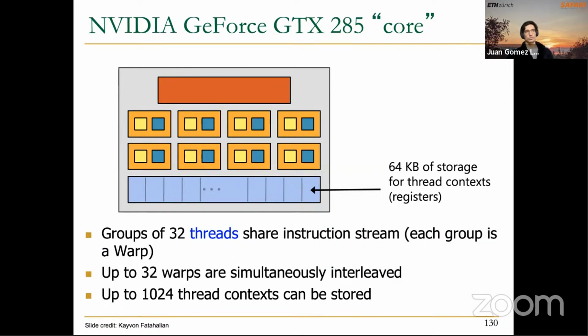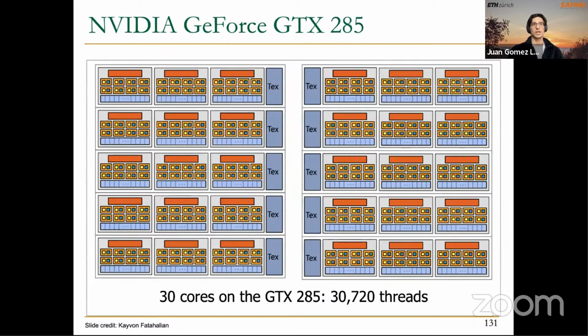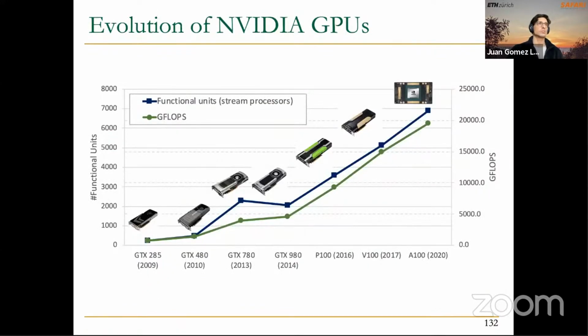It can execute groups of 32 threads that are the warps. There is, of course, a limitation in the maximum number of warps that we can have in each core, because in the end, the number of thread contexts, PCs, and masks that we have is limited. But yeah, it was really powerful at its time. Like you see, it could run more than 30K threads at once on the system, right?